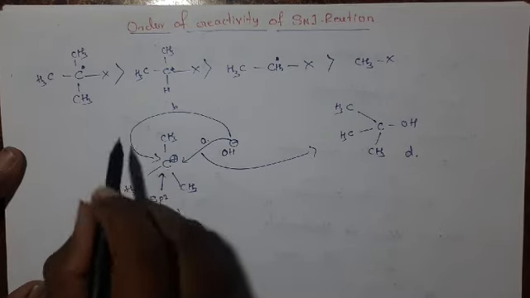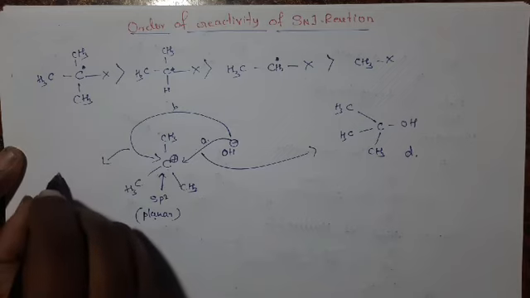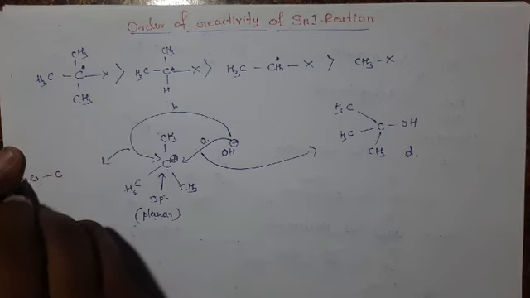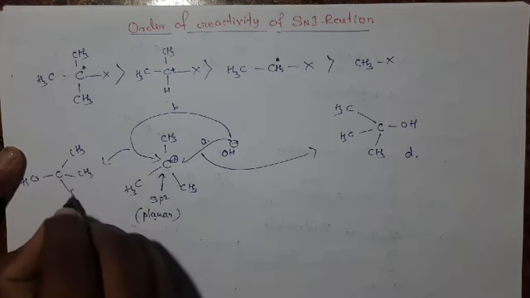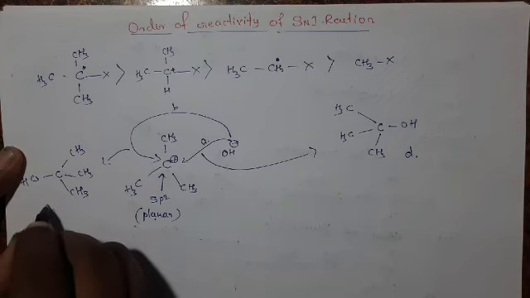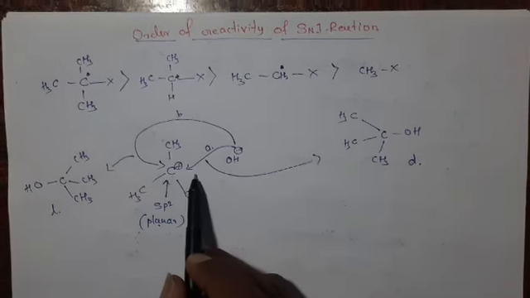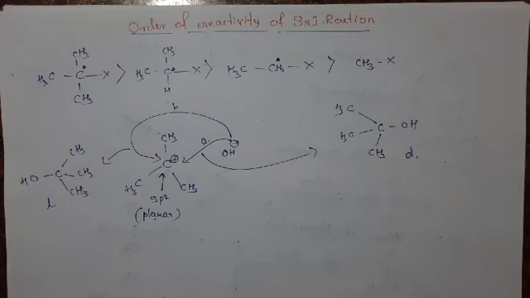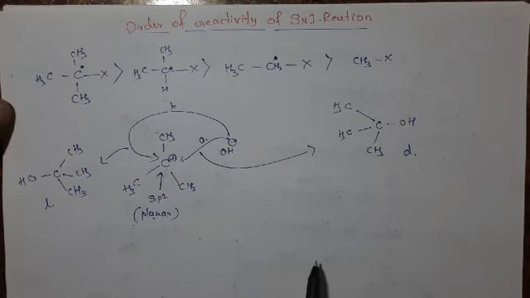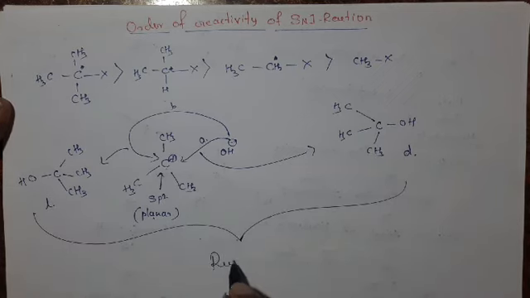When it attacks from the back side, by path B, it gives C(OH)(CH3)(CH3)(CH3) with a different configuration. When it attacks from the front side, it gives D configuration; when it attacks from the back side, it gives L configuration. Hence, in the SN1 reaction, it gives a racemic mixture.